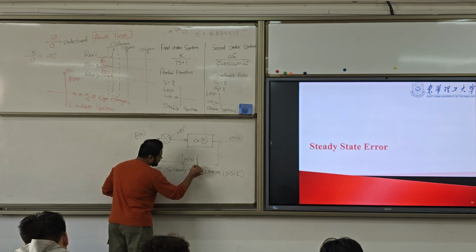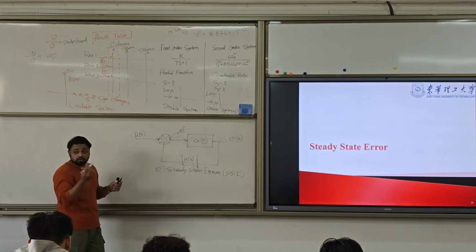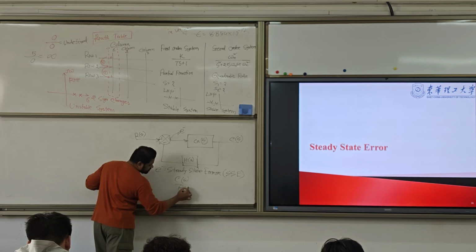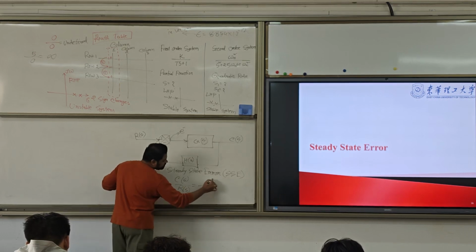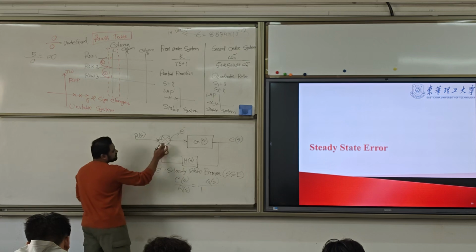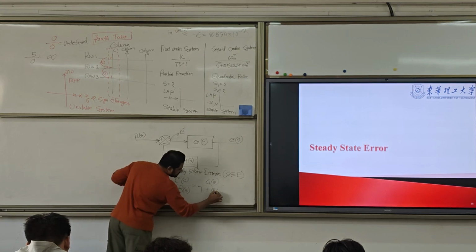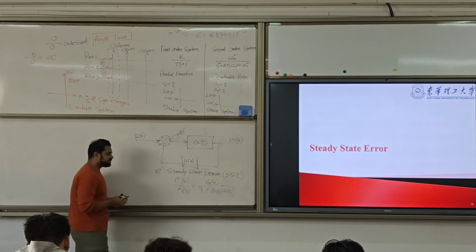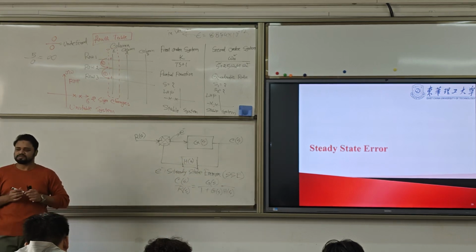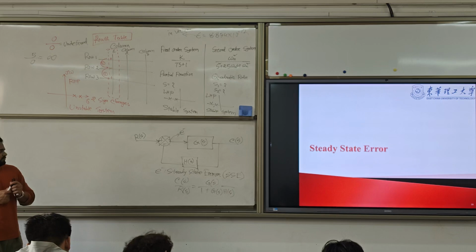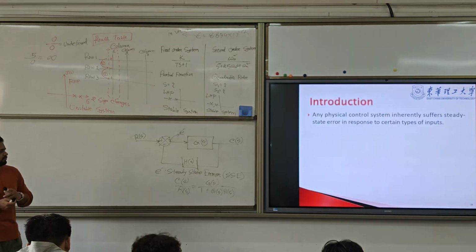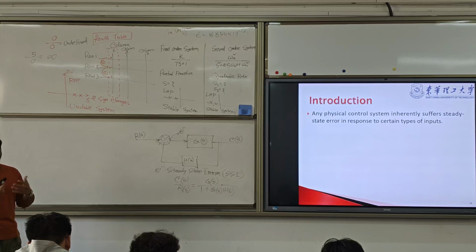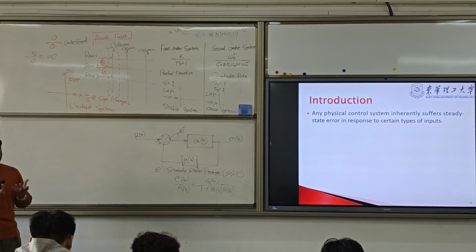This is feedback, H(s). So we already know that C(s)/R(s) is equal to G(s) over 1 plus G(s)H(s). That is the transfer function. Now here, any physical control system inherently suffers steady state error.